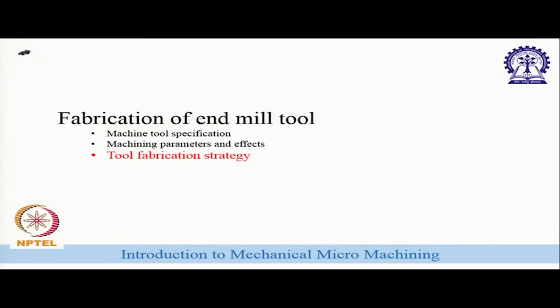Okay. So finally, we know what machine tool we are using, and we know what machining parameters we have. Finally, we are defining our strategy for fabrication of the micro tool.